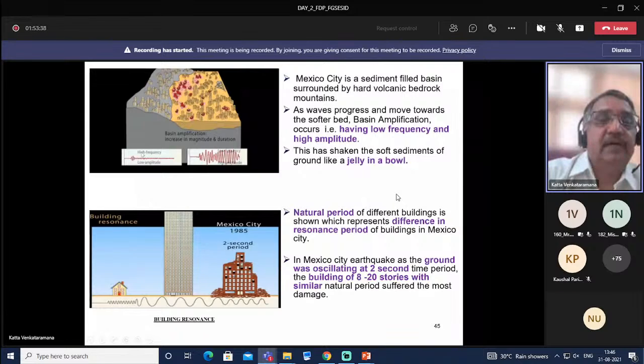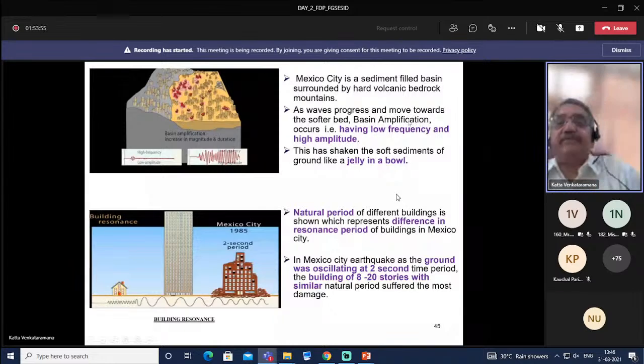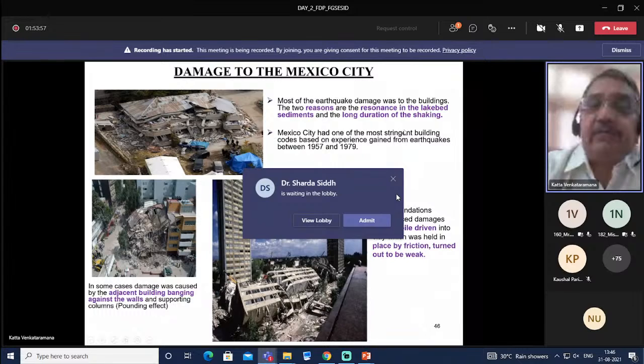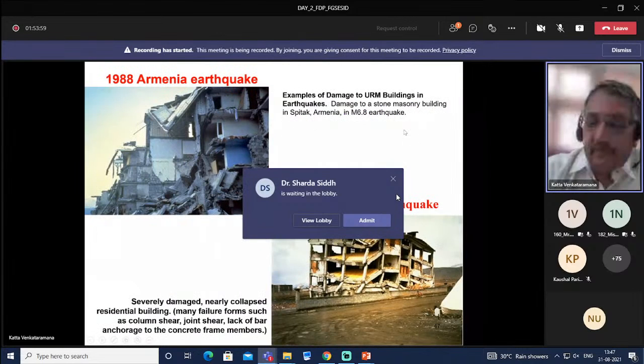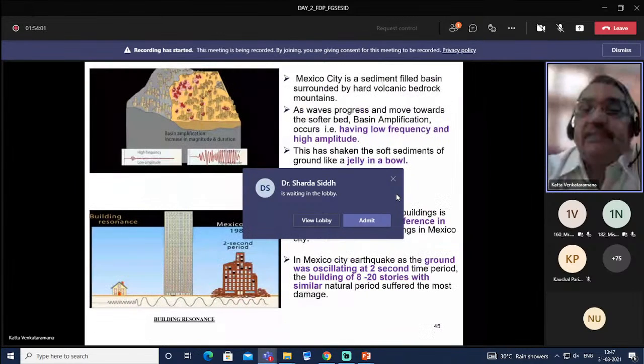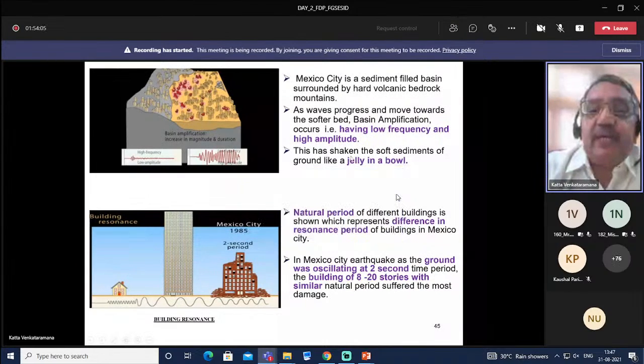You can see here, far away it is high frequency and low amplitude, but at the basin, amplification increases the magnitude and duration. This has shaken the soft sediments of the ground like a jelly in a bowl.